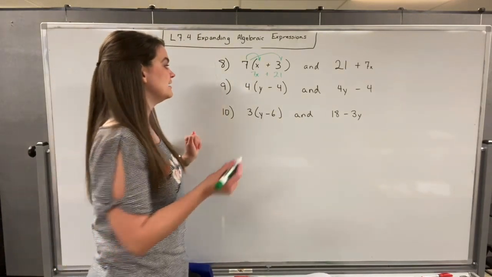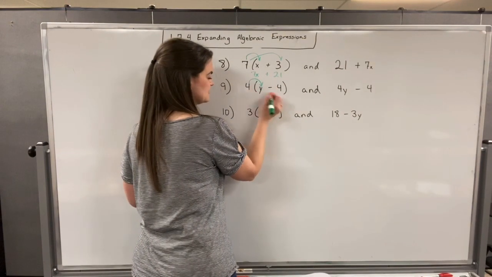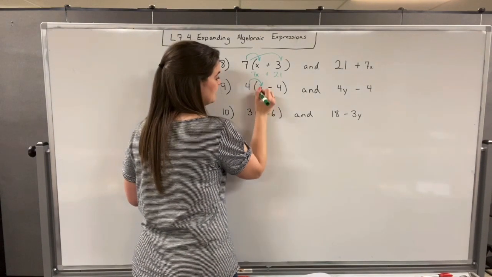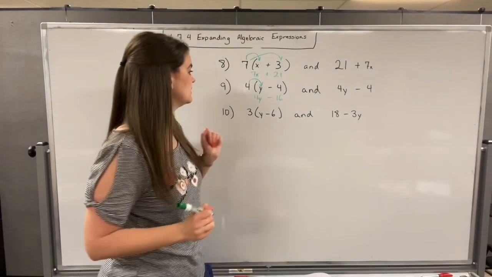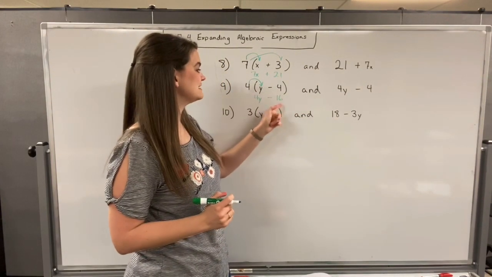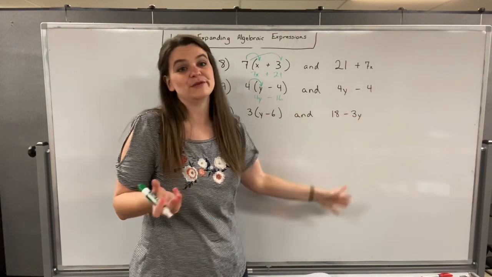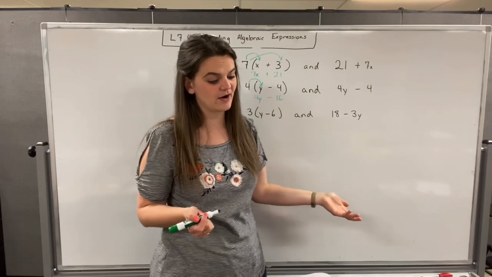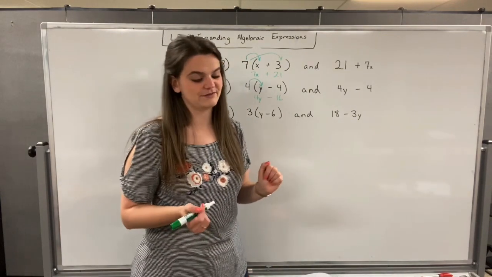All right, number 9, let's distribute it. 4 times y equals 4y minus 4 times 4 is 16. So 4y minus 16 and 4y minus 4. Well, those aren't equivalent, right? Those are quite different. So number 9 is no, not equivalent.